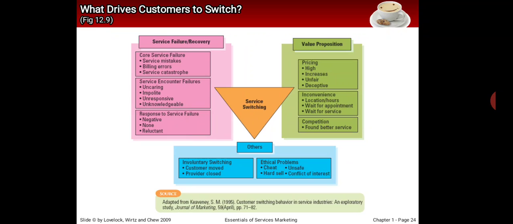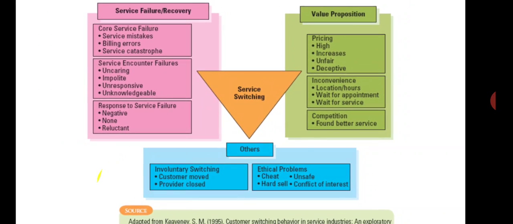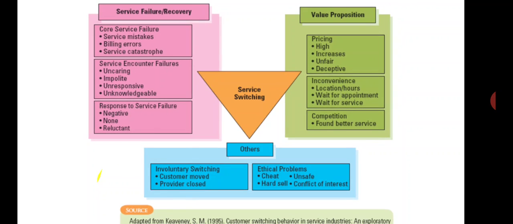What drives customers to switch? Here three main reasons are given. First is value proposition, second service failure and recovery, and third other reasons, right? First of all, in value proposition, for example price. Due to higher price, due to increase in price, due to unfair price, due to deceptive pricing, customers try to switch over.